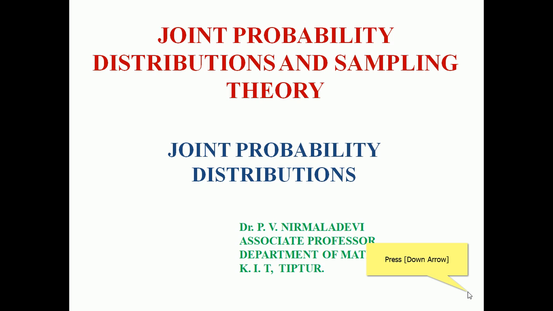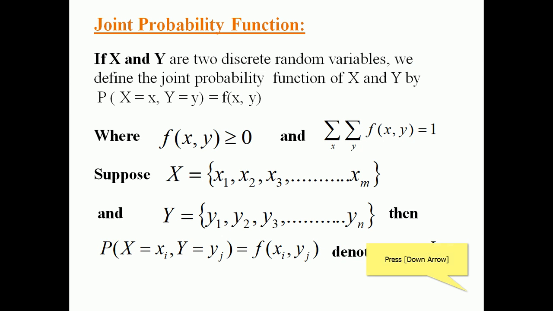In a similar way, for two discrete random variables, we can define the joint probability function. First, I'll define what a joint probability function is.